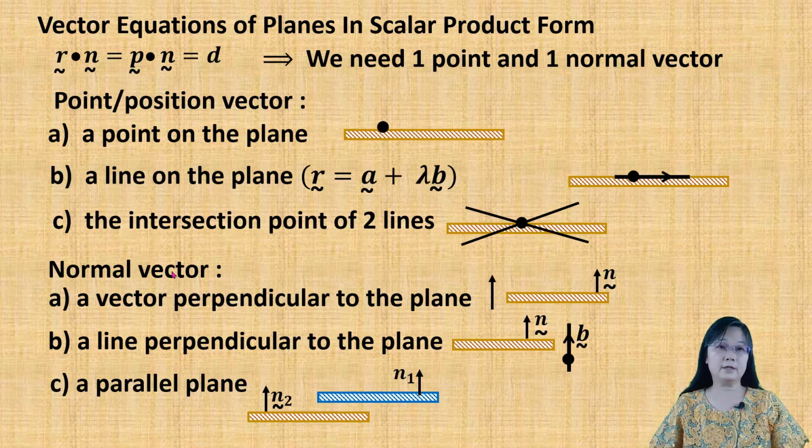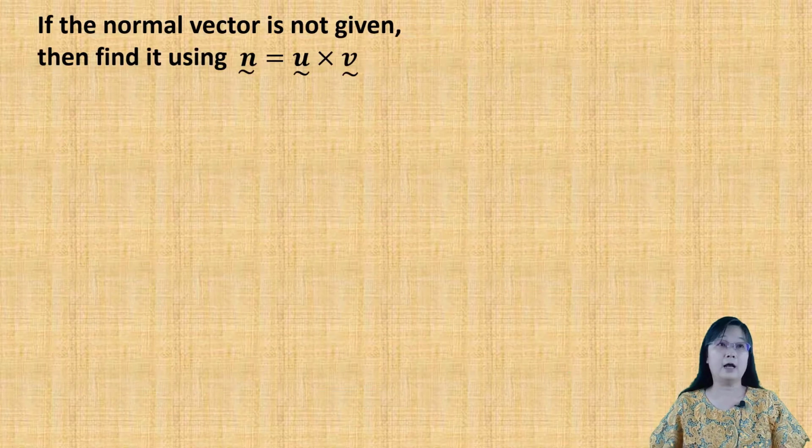The normal vector can be taken from the perpendicular vector given in the question, or from the direction vector of a line which is perpendicular to the plane, or from the normal vector of another parallel plane.